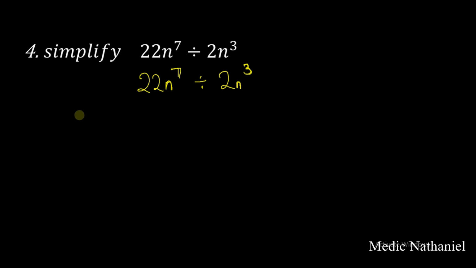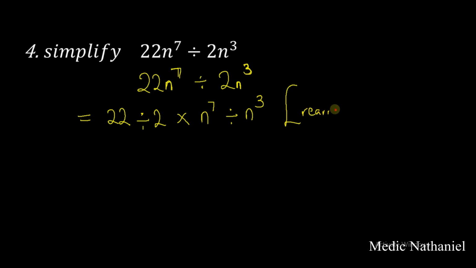So what we are going to have will be equal to 22 divided by 2, times n raised to the power of 7 divided by n raised to the power of 3. What I did here is I rearranged the expression, or I collected like terms. 22 is a number, 2 is a number, so they can divide each other. N raised to the power of 7 and n raised to the power of 3 are index numbers, so they can divide each other.